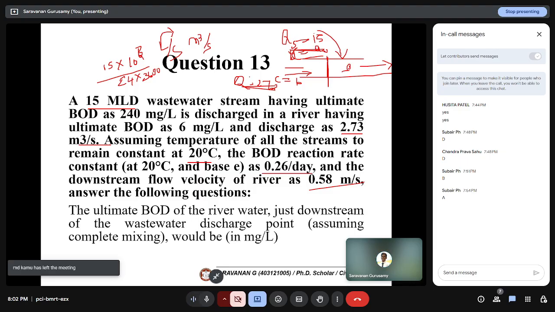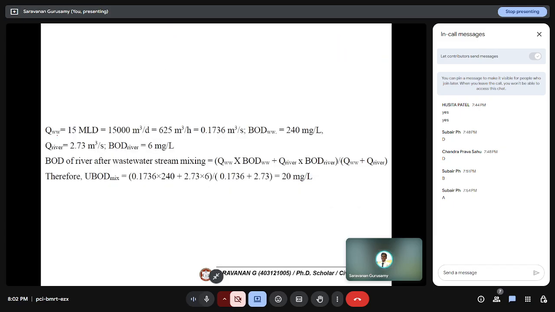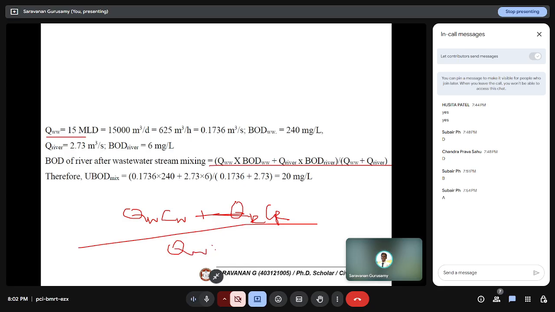It's having 15 MLD, 240. It's having 2.73 meter cube per second, 6 milligram. So if you convert the Q value and make it as meter cube per second, take the average: Q wastewater, C wastewater plus Q river, C river, divided by total Q, QW plus QR.